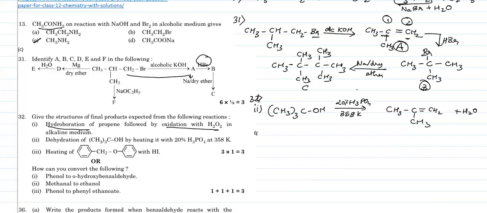The last one is heating this particular molecule, which is an ether, with HI. So let's quickly write the molecule down. CH2O. Now, this is basically the cleavage of the C-O bond in ethers.